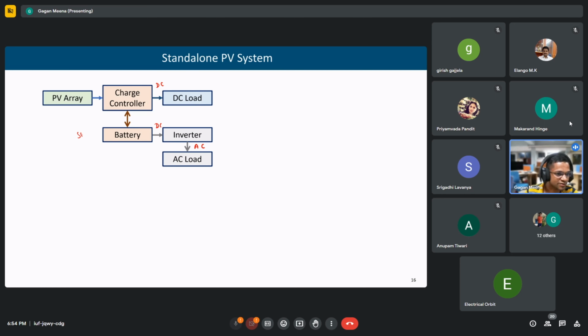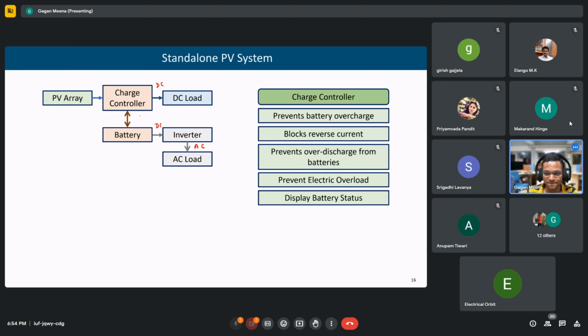It should prevent both overcharging and over-discharging. It also shows the status of the battery, state of charge and state of health, all of which can be monitored by the charge controller. It also prevents electric overload.